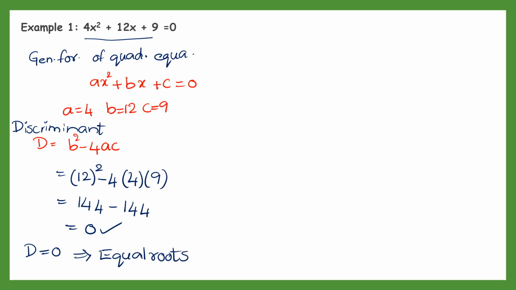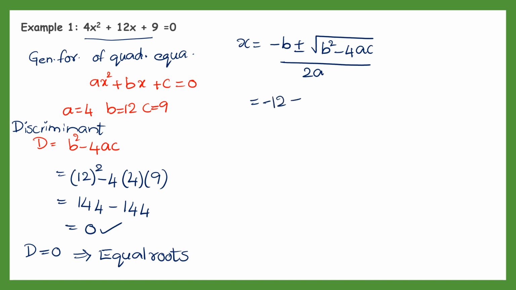Let's find the roots and check whether they are equal or not. What is the formula to find the roots? x = (-b ± √(b² - 4ac)) / 2a. Let's substitute the values. -b, b is 12.